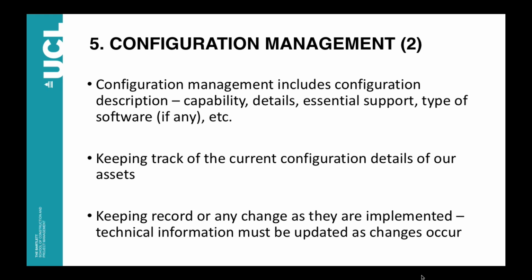This plan should include a configuration description in which we are defining the capability, the details, which is the essential support needed for each asset, which is the type of software connected with the physical asset, if any.